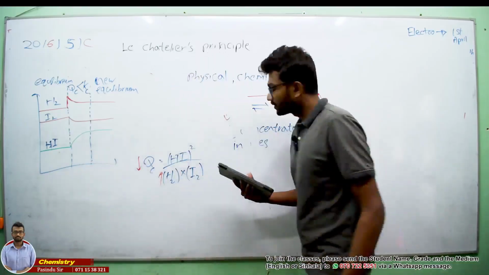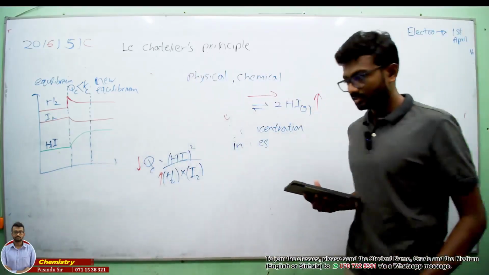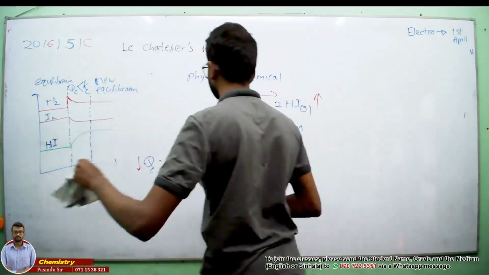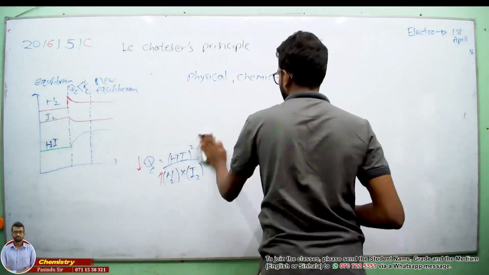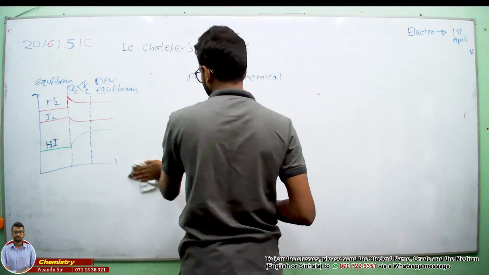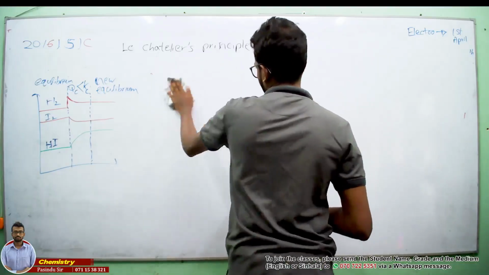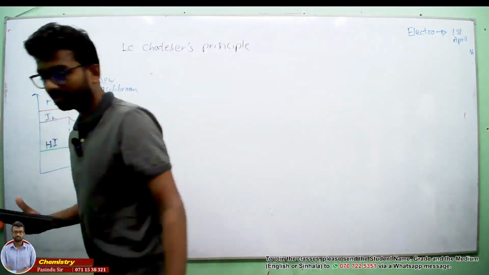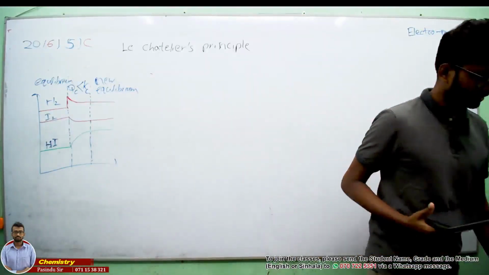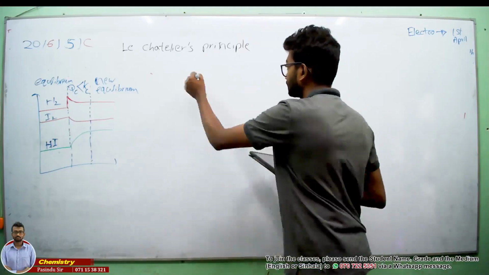Okay, then let's write down that equilibrium. Another example. Just write down: consider the following equilibrium, and then let's write the equilibrium. Fe.